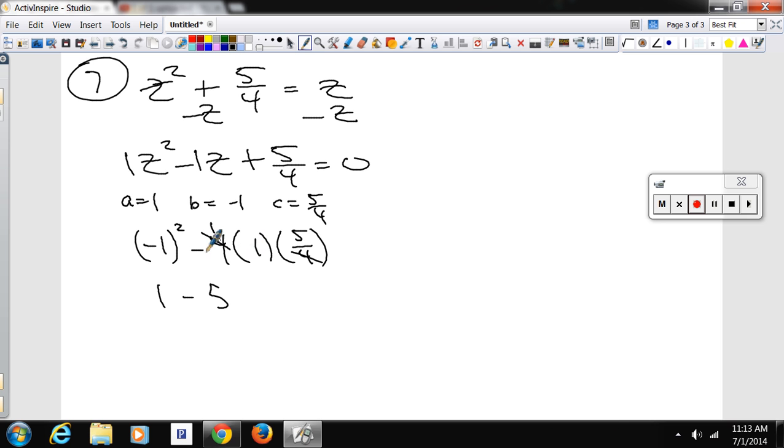Because negative 1 times 1 would be negative 1. And when we multiply that times 5, you're going to get a negative 5. So you're going to end up with a negative 4. And if it's a negative 4 for this discriminant, it's two imaginary solutions, because that's a negative.